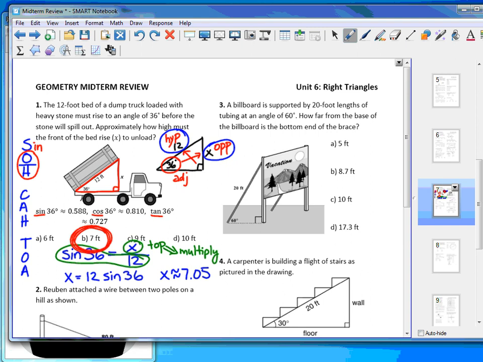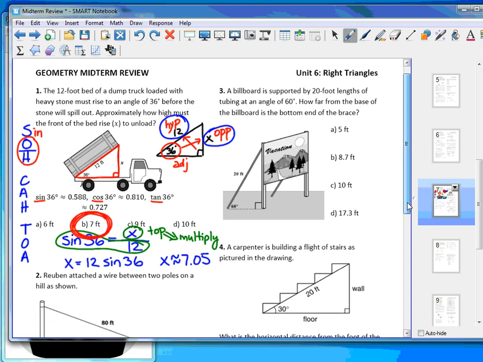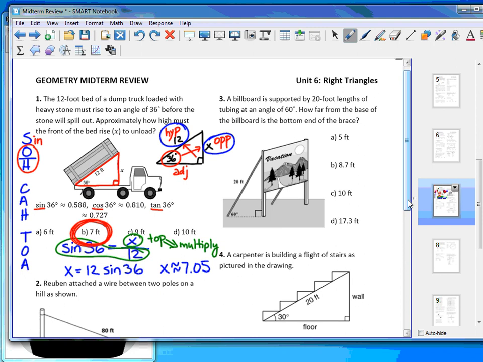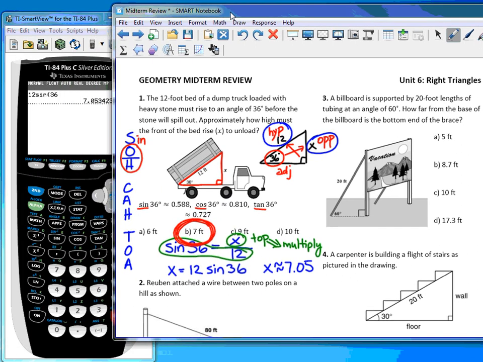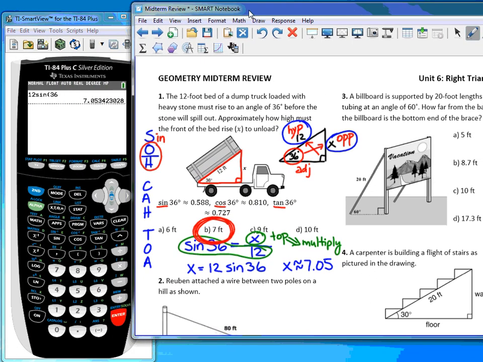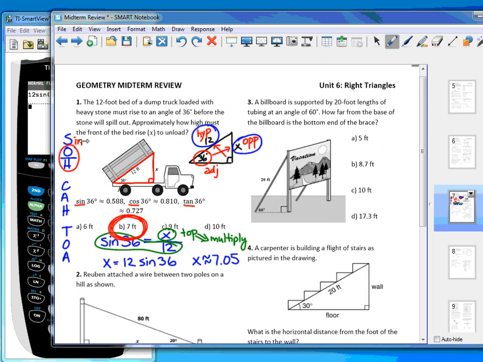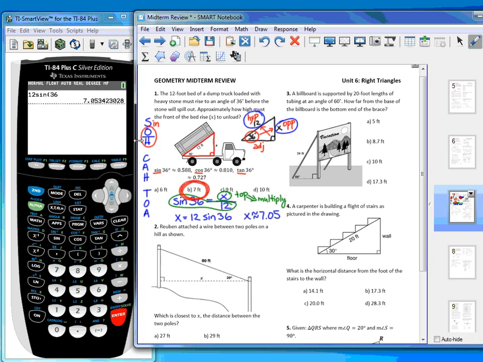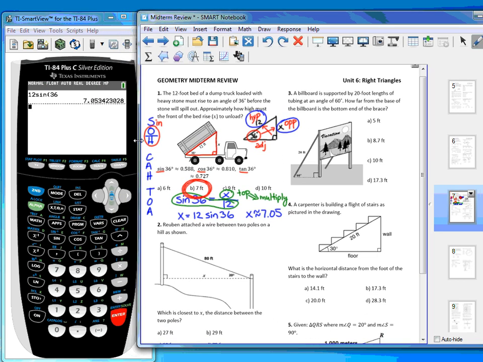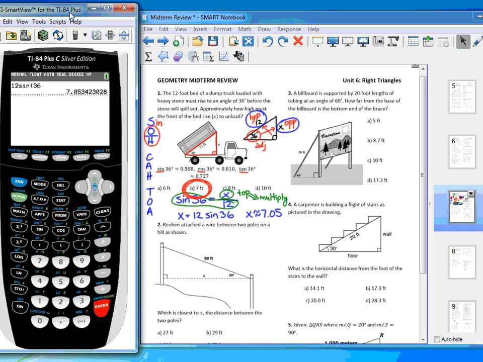Okay, well, let's not stop there. Let's keep going. So I'm going to adjust this a little bit so that I can handle the calculator and some of these problems at the same time. Okay, let's move my calculator over a little bit.